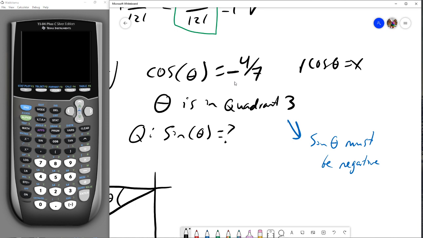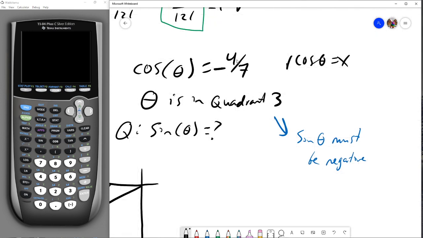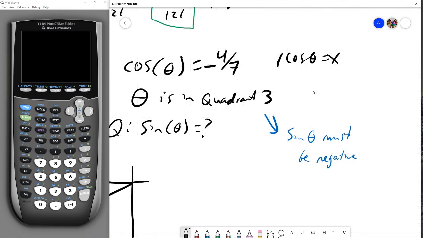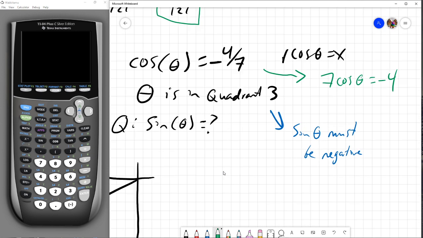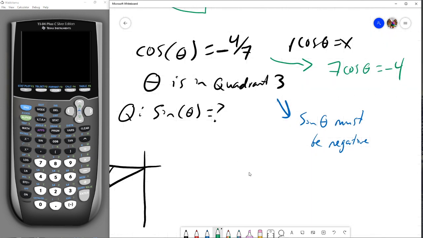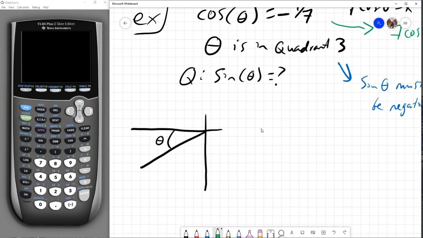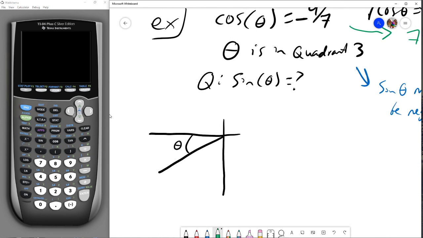The radius cannot be negative, which means this negative has to stick with the x. So we can rewrite this: 7 cosine theta has to equal -4. What this means is our x is going to be -4 and our radius has to be 7. So we're going out this way, -4 units, and then we are going down.